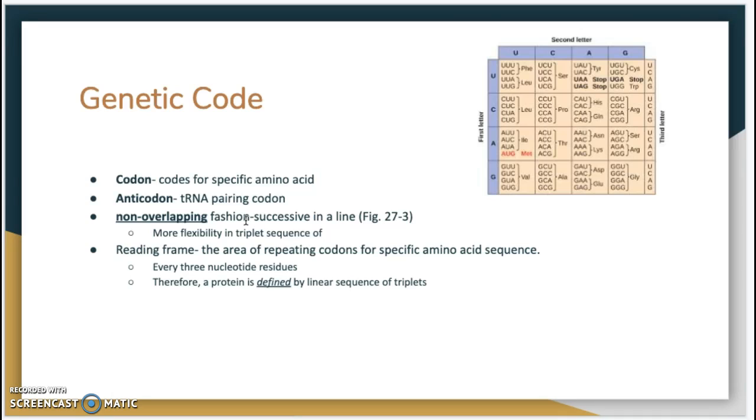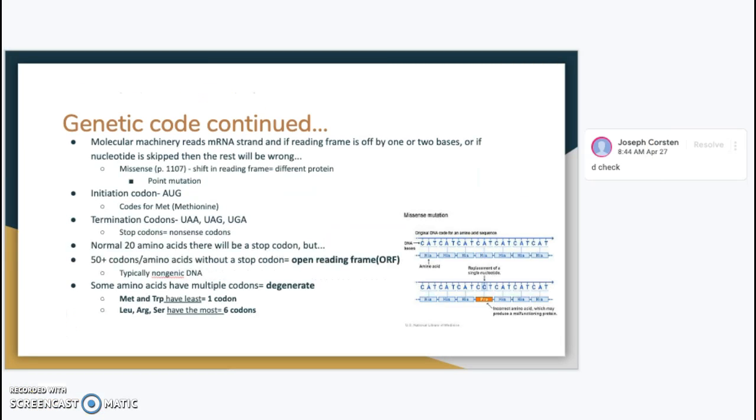So as a result, we know that the reading frame, this just the linear sequence of the triplets, like I was saying, non-overlapping, successive, continuous. This is what defines our proteins. Now there is certain molecular machinery that actually reads the mRNA strand, and if the reading frame is off by 1 or 2 bases, then the nucleotide is skipped, and then you get issues with the wrong amino acid being formed.